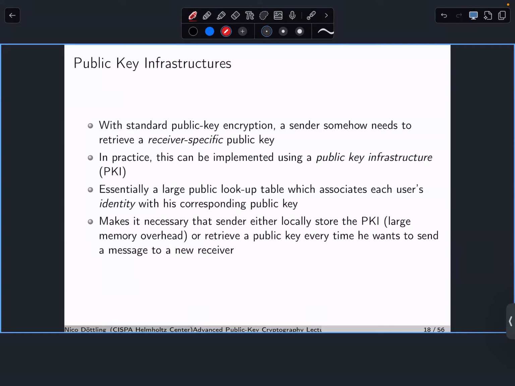It knows this message will eventually be delivered, but not immediately. In particular, there might be too much of a delay to retrieve the public key of this receiver. There might be network lag or whatever. You might be on a satellite where you don't have a line of sight connection. Think of some scenario.